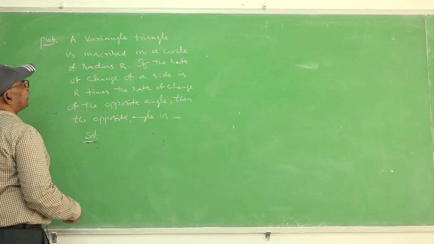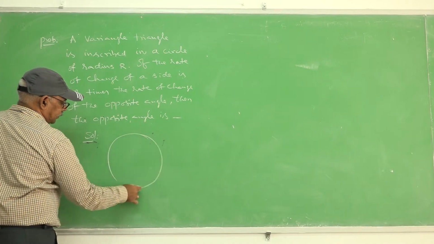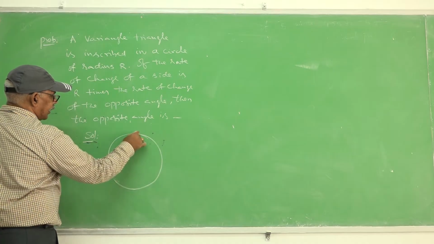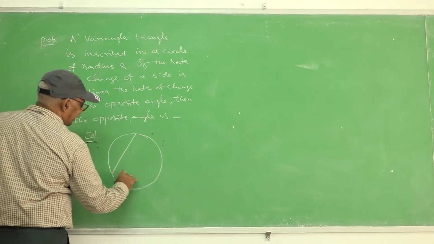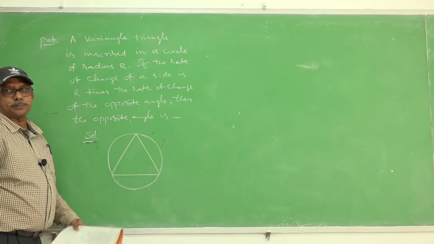A variable triangle is inscribed in a circle of radius R, capital R. Suppose this is the fixed circle of radius R in which a variable triangle is inscribed.